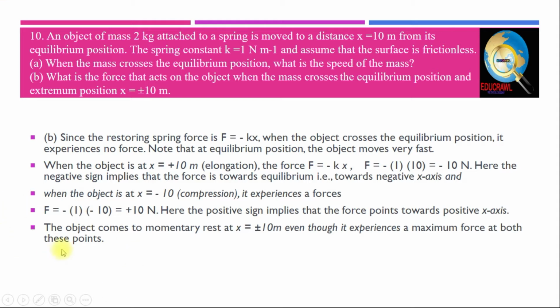Compression means the displacement will be x equal to minus 10. Again substituting this in the restoring force equation F equal to minus kx, you will get the answer as plus 10 Newton. Since it is plus, this force points towards the positive x-axis. So these are the values of restoring force.